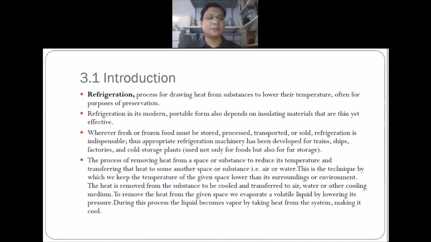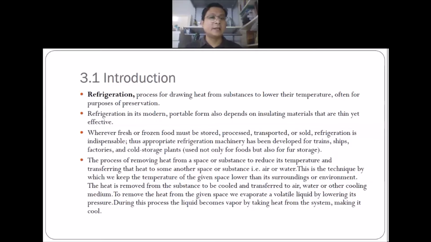And then we go to the second bullet. Refrigeration is modern and portable, also depending on the insulating material. They are thin yet effective. So now refrigeration is not only small in size, but also thin in thickness. And this one can be easily mobile.